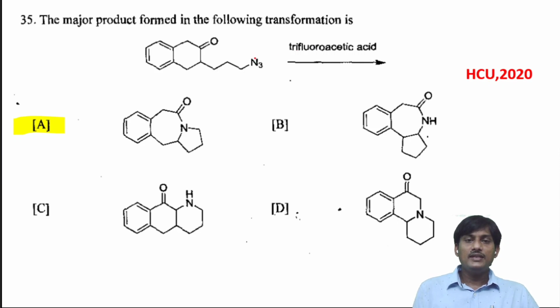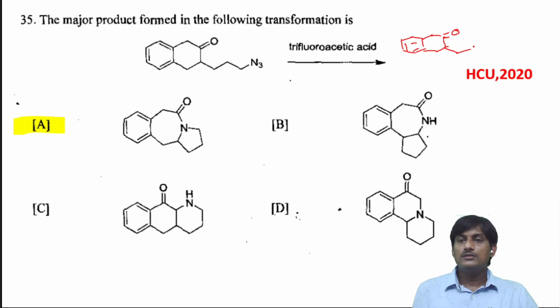Here this can be written as, okay, you can write this structure as this, the C double bond O. Here we have 1, 2, 3 carbons, and here there is a nitrogen, single bond, triple bond, and this one gets a positive charge, and this nitrogen gets negative charge, and this nitrogen attacks on the C double bond O. These electrons move like this. So you will get this intermediate.